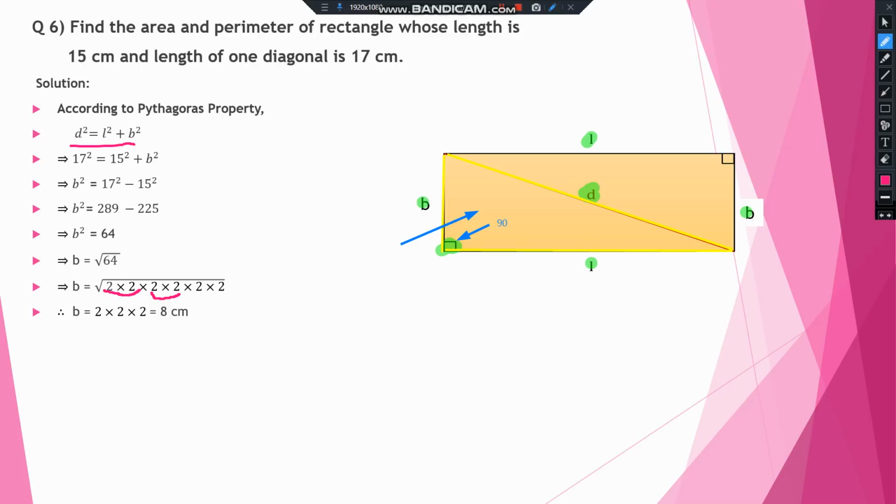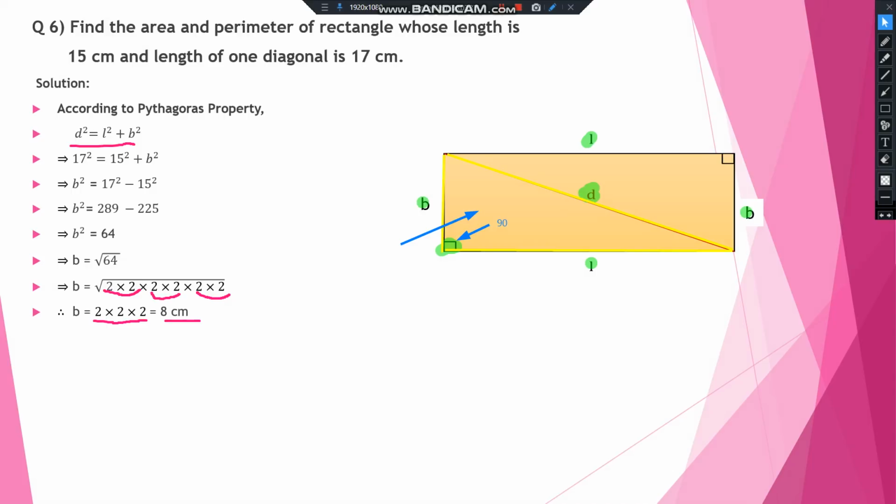You know the pairing. So we got 3 pairs of 2. So B is 2 into 2 into 2, that is 8 centimeter. Now we got the breadth of the rectangle.